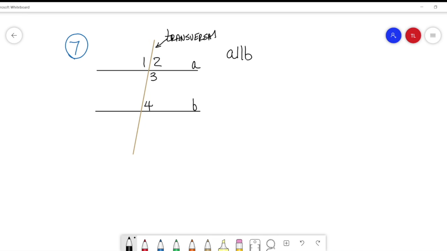Two parallel lines cut by a transversal. What does that mean? Corresponding angles are congruent. Alternate interior angles are congruent. Alternate exterior angles are congruent. And consecutive interior angles are supplementary.